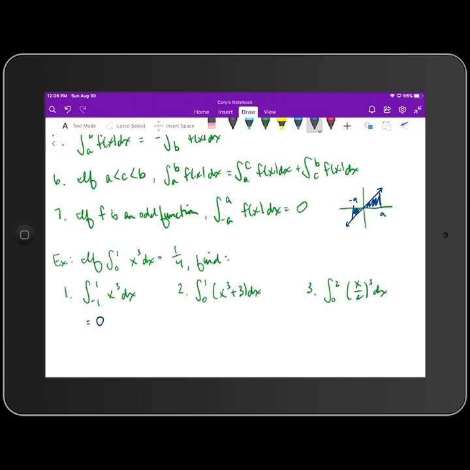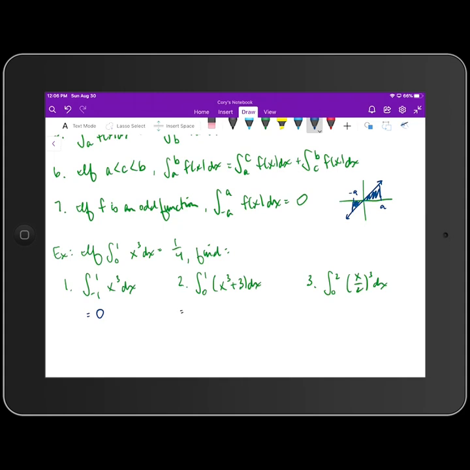Okay, for number 2, we have the integral from 0 to 1 of x cubed plus 3, which we're integrating with respect to x. I want to use my properties of definite integrals to rewrite that integral. So I can rewrite that as the integral from 0 to 1 of x cubed, which I'm integrating with respect to x, plus the integral from 0 to 1 of 3, which I'm integrating with respect to x.